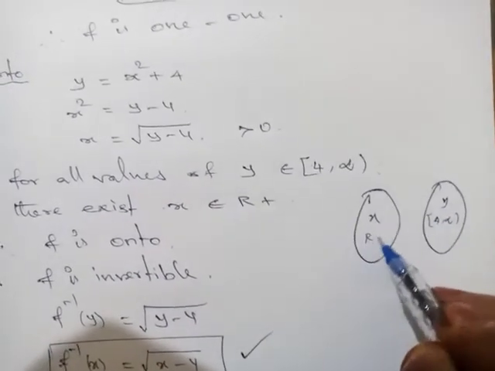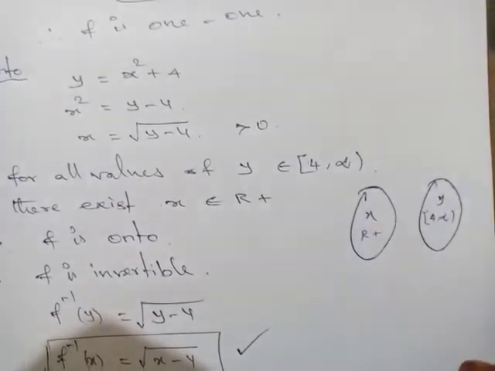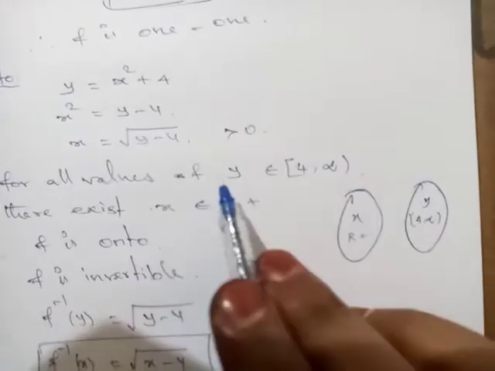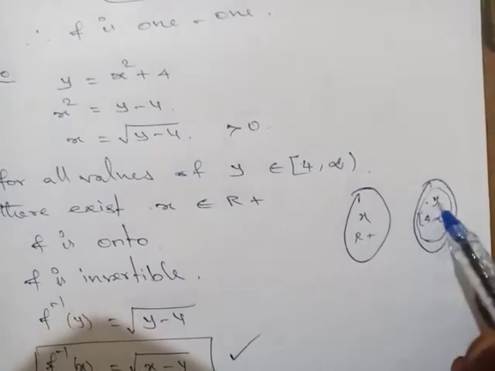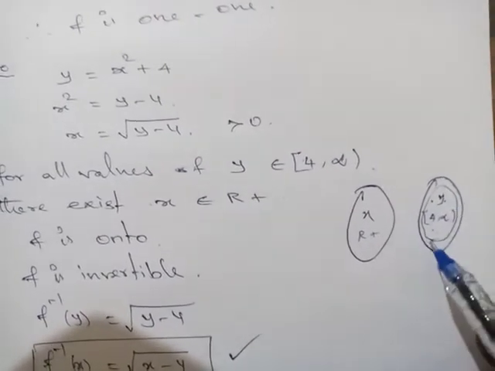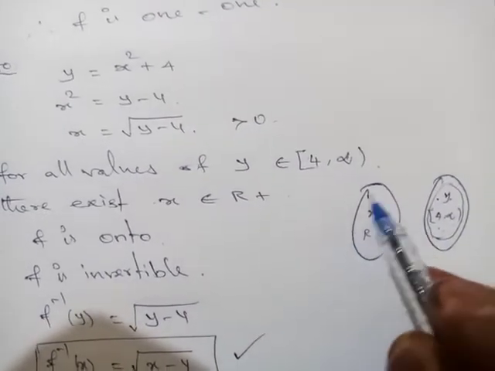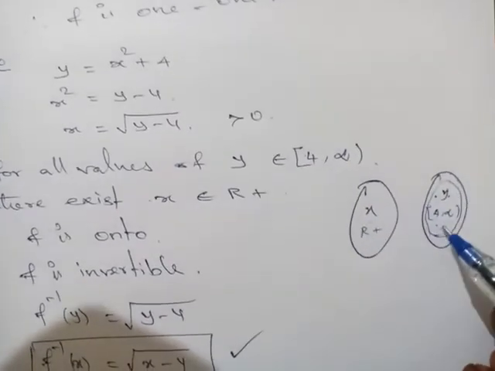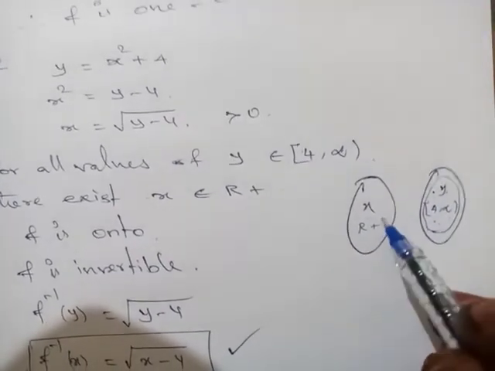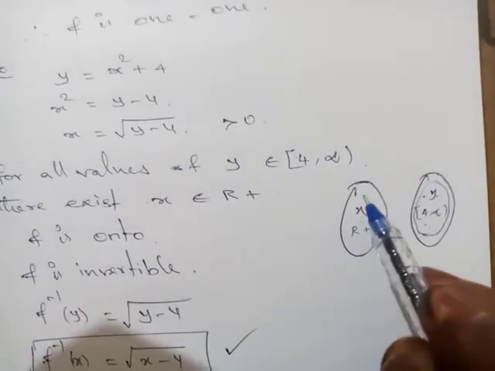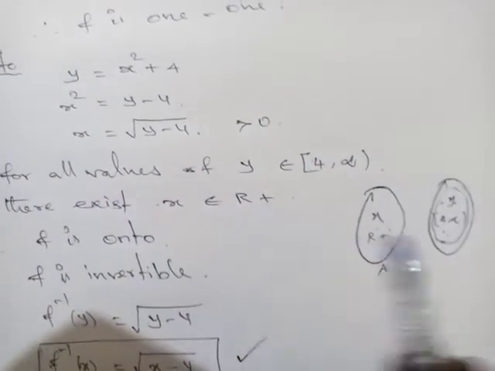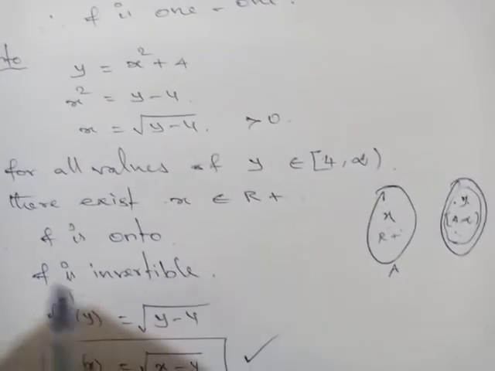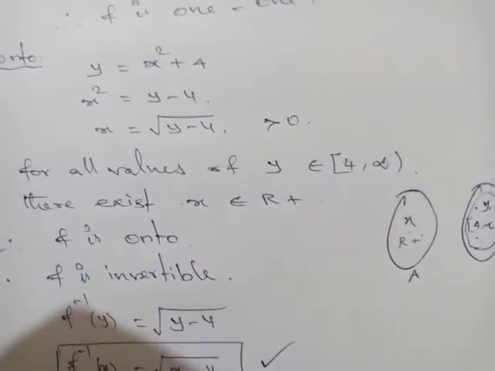This is R+, positive values. Okay. So for all values of y in this codomain, each and every element, there exists an x here. That means for each element in this codomain, there exists a pre-image in this set. That is the meaning. Pre-image is there, so we can say it is onto. That's why I am telling that f is onto. Clear?